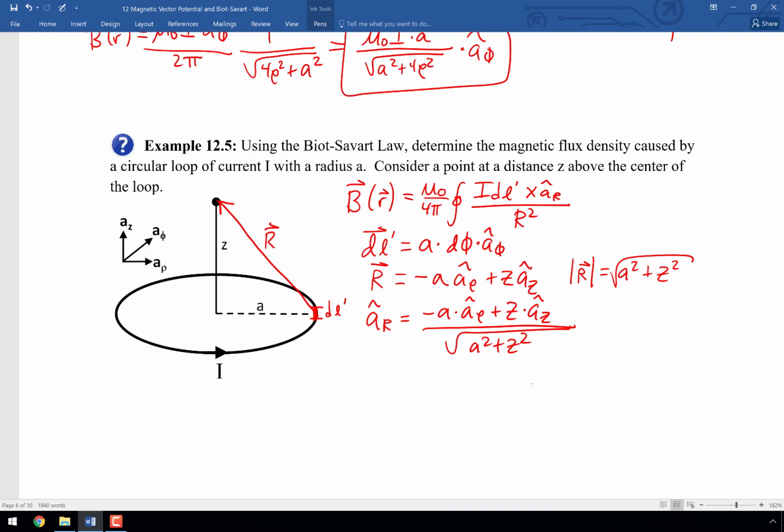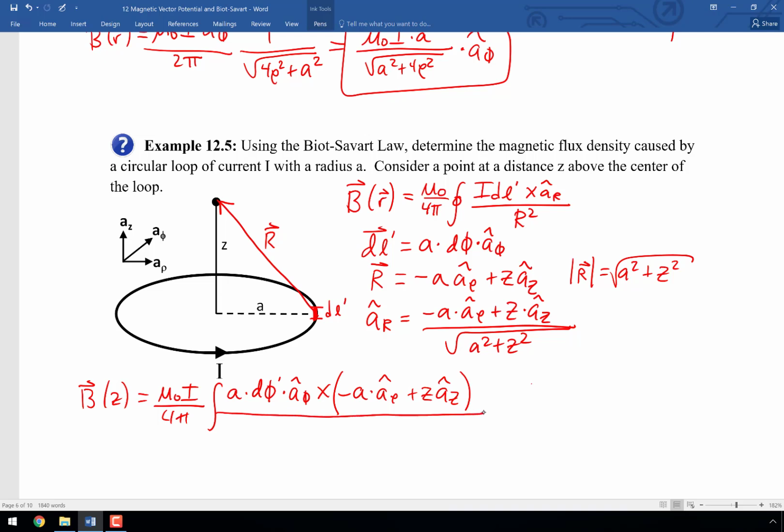Okay, so we've actually done all of the preliminary steps that we need to do. So let's go ahead and plug all of this in. We know that B of z, so now it's a function of the distance z above the center of the loop, is equal to mu sub 0 I divided by 4 pi times the integral of I times dl, the I is already out in front, so it's just the dl, so that's going to be a times d phi prime times a sub phi, and that's going to be crossed with negative a times a sub rho plus z times a sub z.